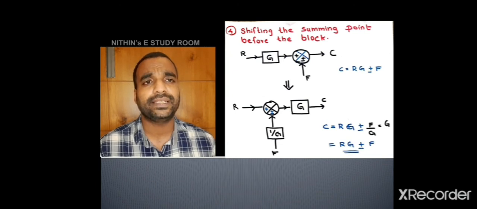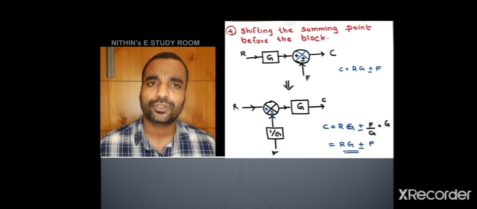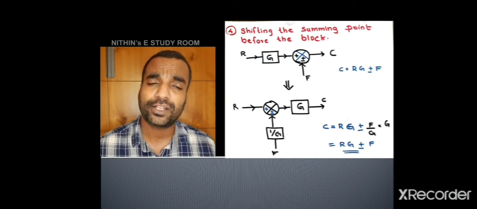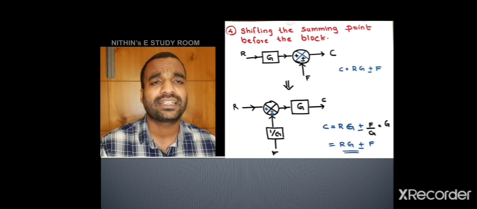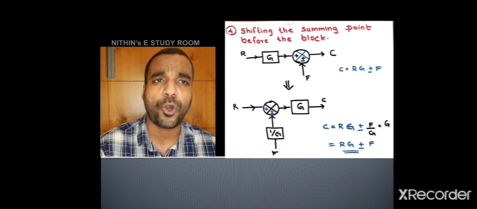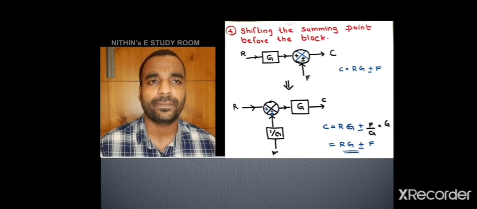Anyhow, the C will be nothing but R into G plus or minus F. If you want to assign plus, it will be RG plus F. If you want to select minus, it will be RG minus F. Anyhow, the task is you want to shift the summer block to a point just before the gain block, the G block.